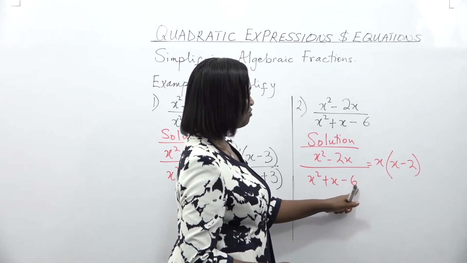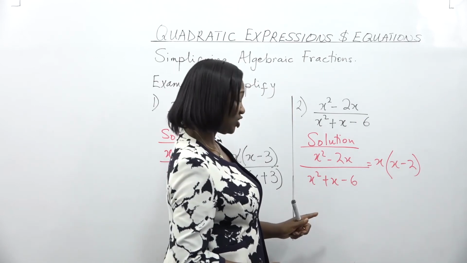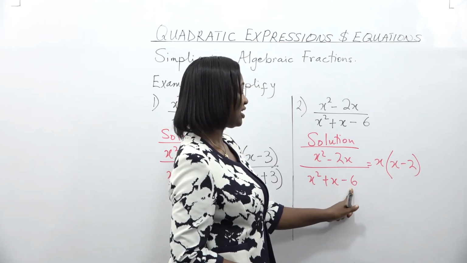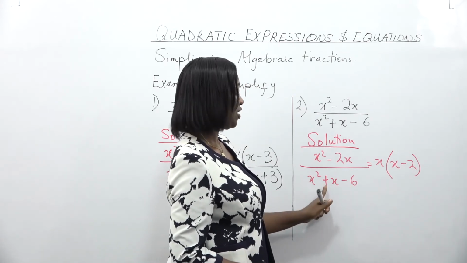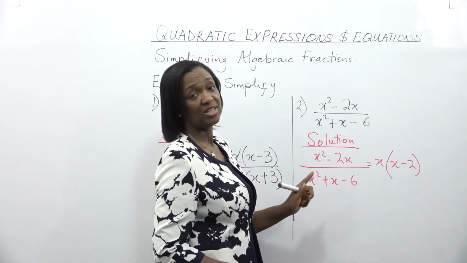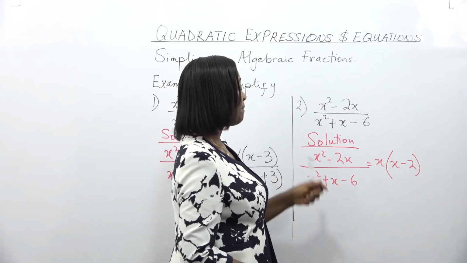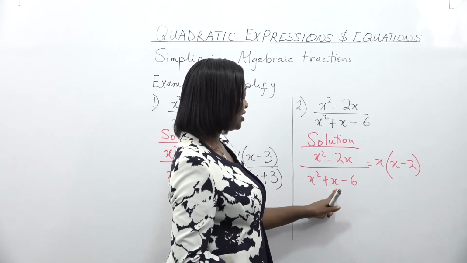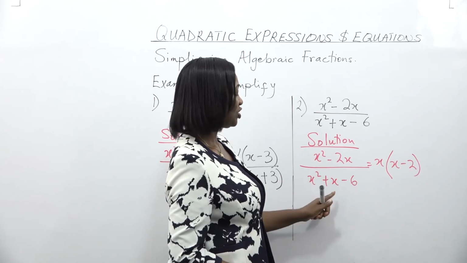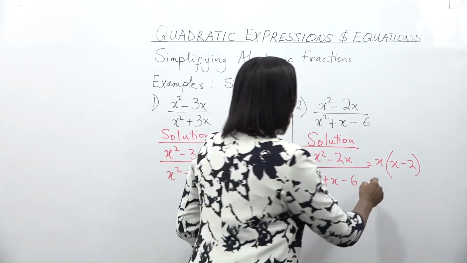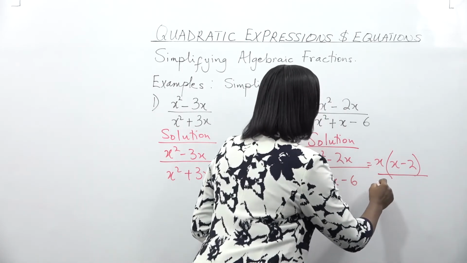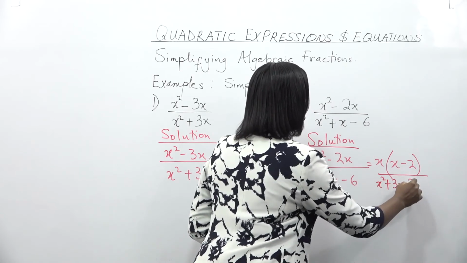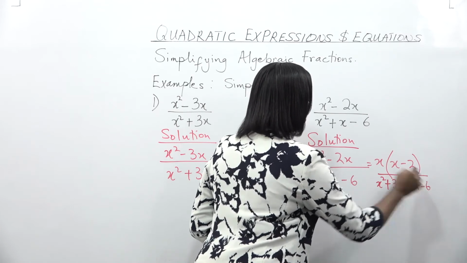And then in the denominator, we look for factors of minus 6 such that when you multiply those factors, it will give you minus 6, and when you add them, it will give you 1, because the coefficient of x here is 1. And those two factors are minus 2 and plus 3. So I'll simply replace the x with plus 3x minus 2x. So I have x squared plus 3x minus 2x minus 6.